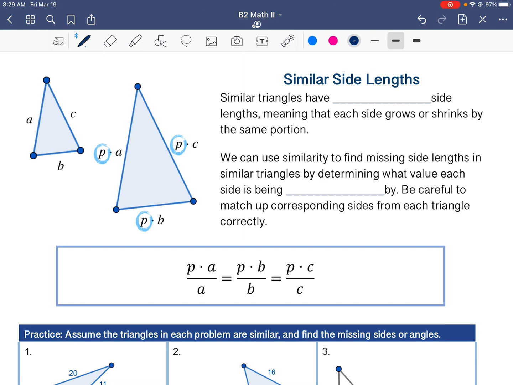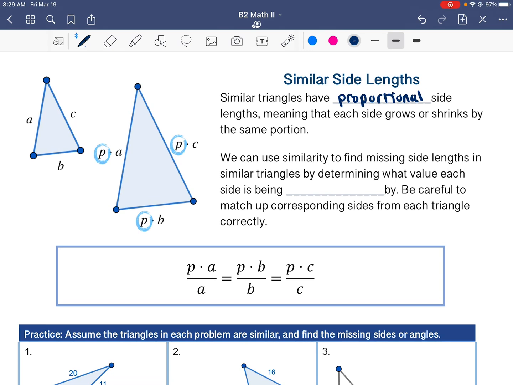So, when we talk about side lengths of a triangle, if we know 2 triangles are similar, it gives us the ability to find missing side lengths. So similar triangles have proportional side lengths, meaning that each side grows or shrinks by the same portion.